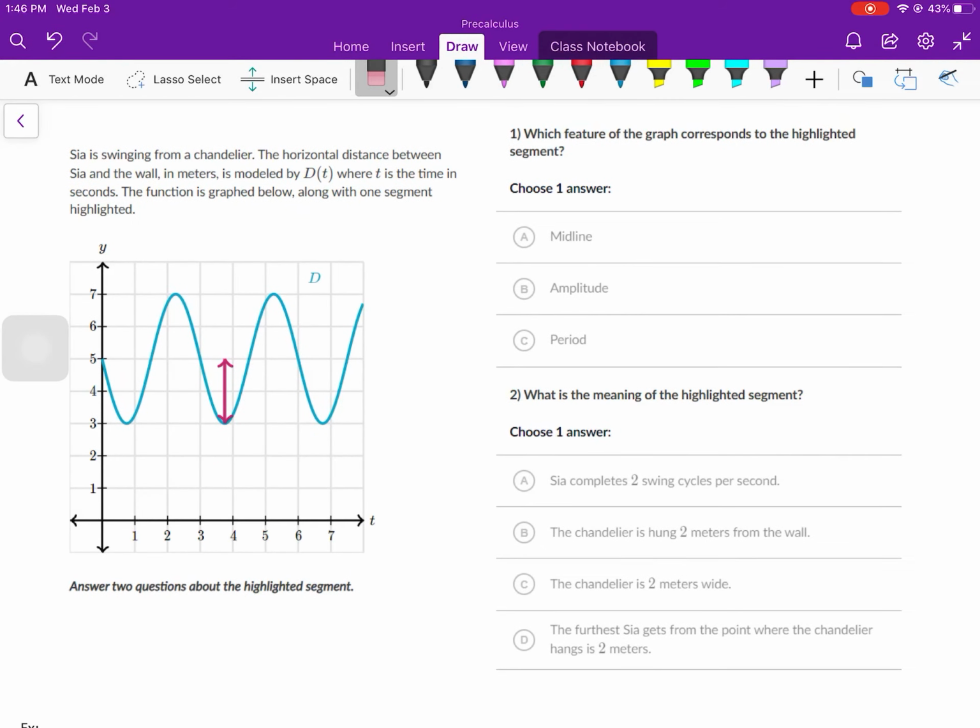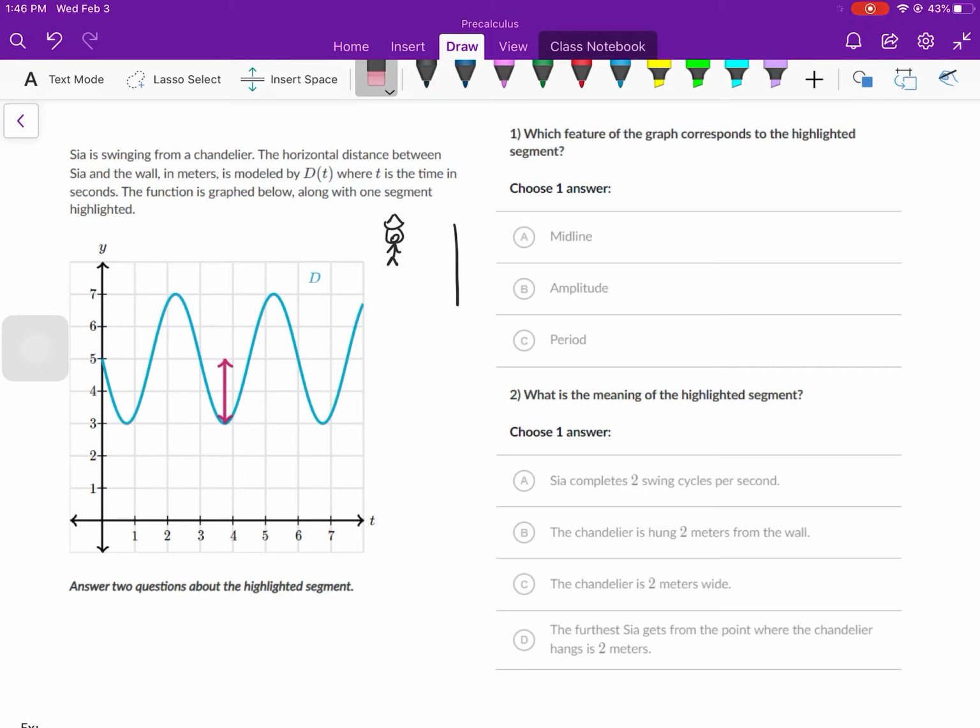Okay, Sia is swinging from a chandelier. The horizontal distance between Sia and the wall in meters is modeled by d of t, where t is the time in seconds. So right here we have a wall, and somebody is hanging on a chandelier. Not sure how to even draw that. It wasn't that bad, actually.